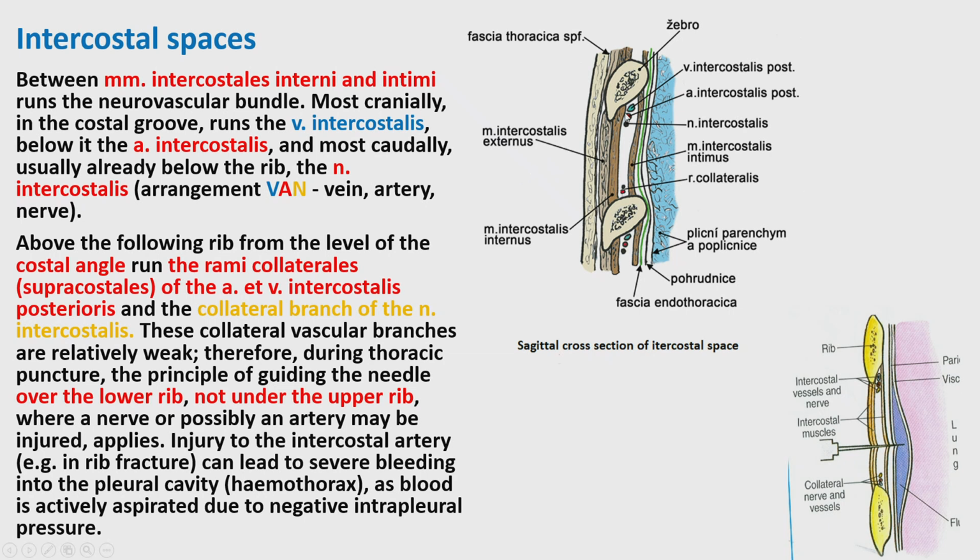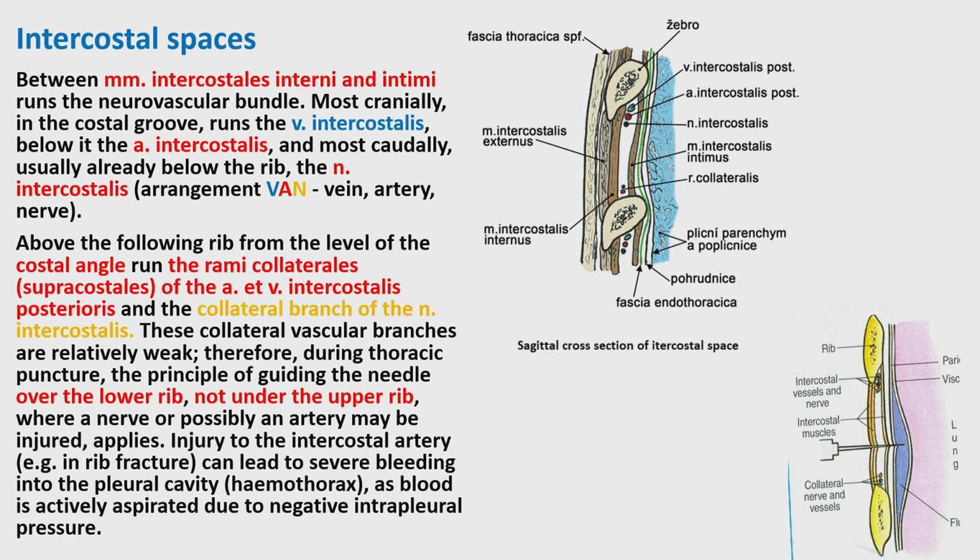Above the following rib, you have other vessels called collateral branches, or also supracostal branches, and they are artery, veins, and also nerves. They are going above the following ribs at the level of the costal angle.